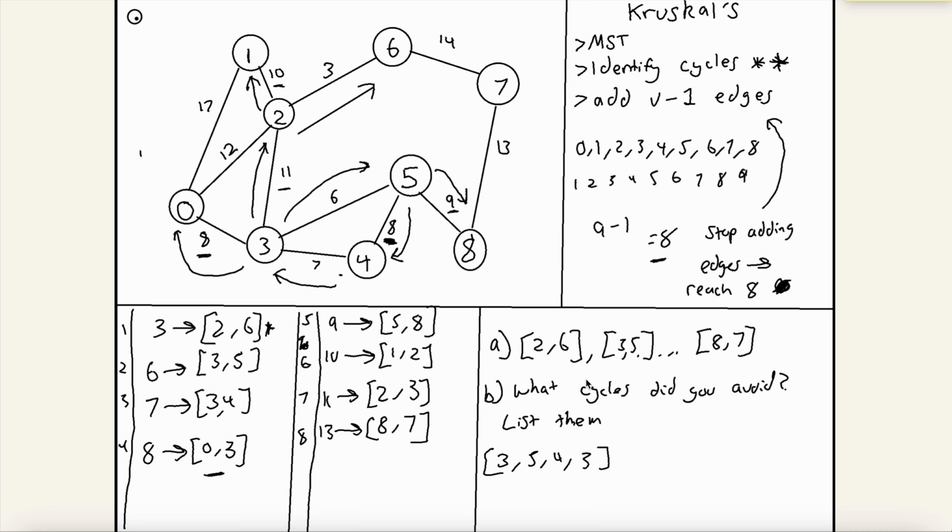And then I also didn't add this 12 here. So that would be something like 2 to 3. Actually, I'll put a dash. These should all be dashes here. So 2 to 3 to 0 to 2.